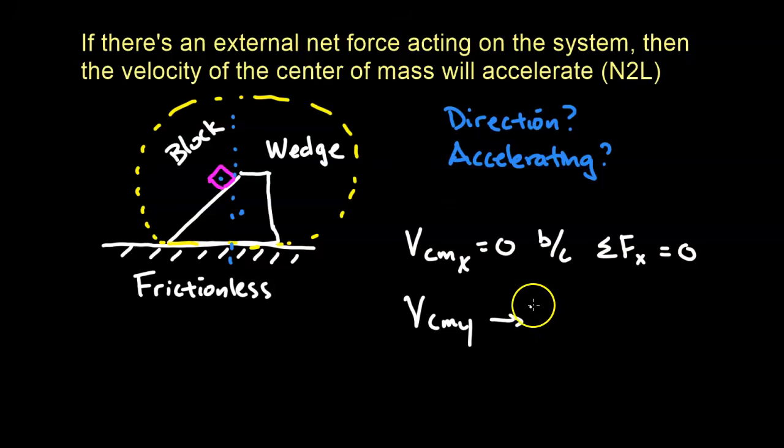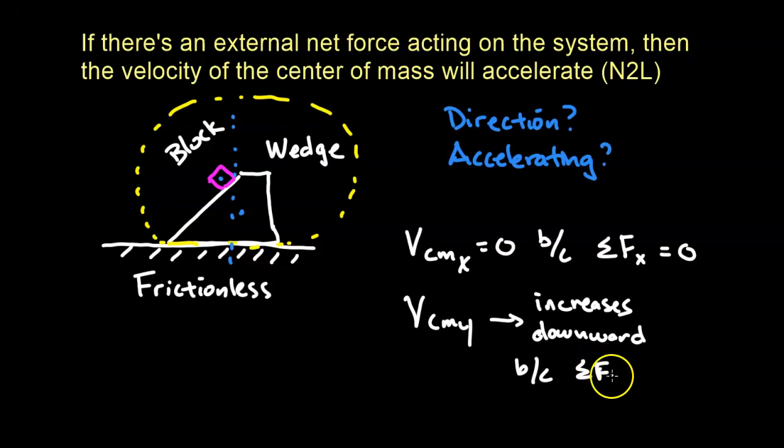So vertically, the velocity increases downward, and this is because the net force in the y direction is downward. So this kind of reminds us of Newton's second law, that if you have external net force, you're going to have an acceleration.